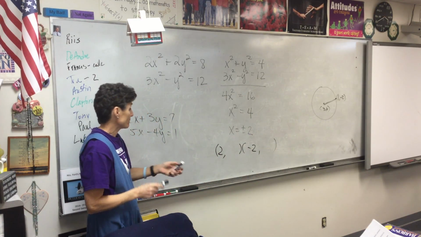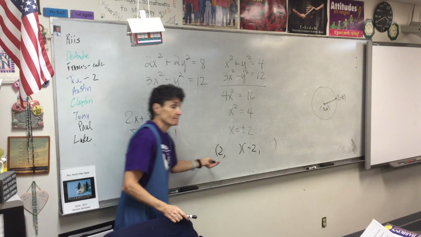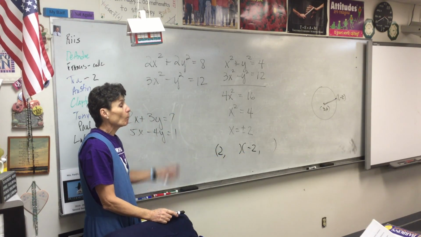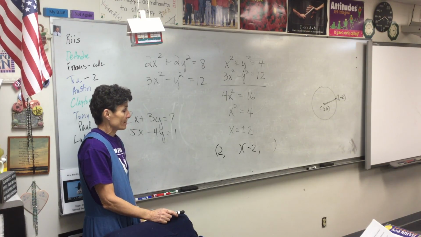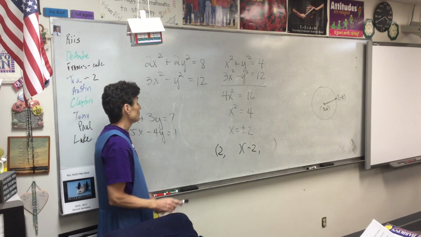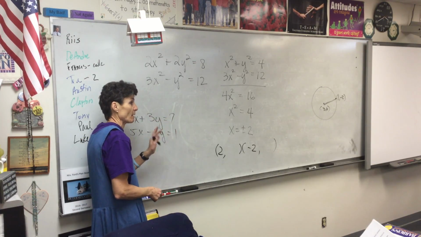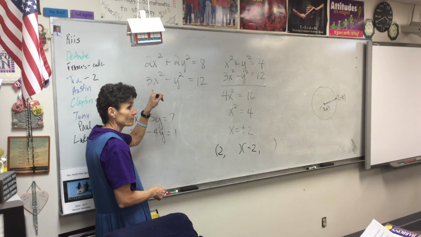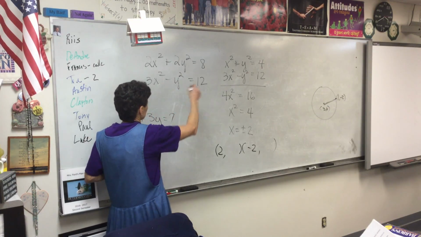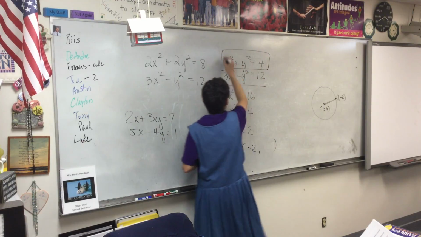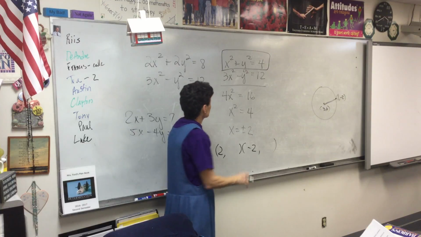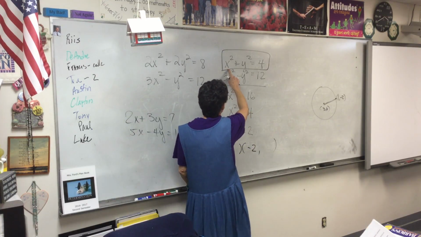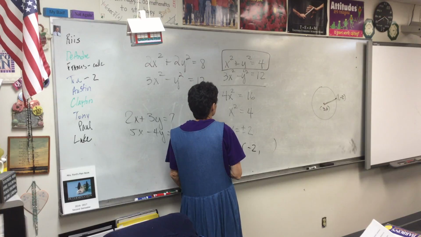I'm looking for the points of intersection, so I'm writing these as points. Now what do I do? Find the y. And how do I find the y? One way, I could repeat the process, but I don't want to do that. I'm just going to plug 2 in, right here. If I plug in 2 or negative 2, it isn't going to make a difference, is it?